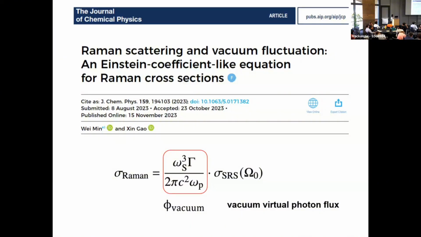You can understand it in a way that the spontaneous Raman cross-section can be decomposed into two major contributions: one from the intrinsic molecular response described by the stimulated Raman scattering cross-section coefficient, and another from the vacuum electromagnetic field.